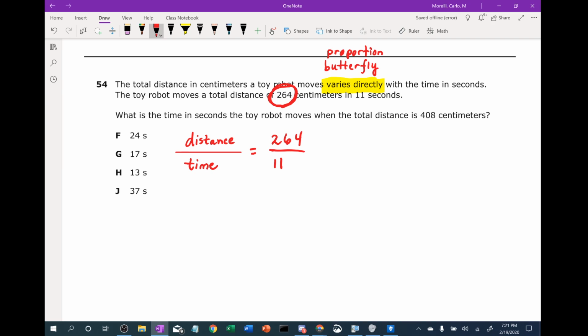And now it's going to ask us for something. It's asking us for the time in seconds the toy robot moves when the total distance is 408 centimeters. So now we say this equals 408 over time. And that's what we want to know. What is the time? So we're going to butterfly this.